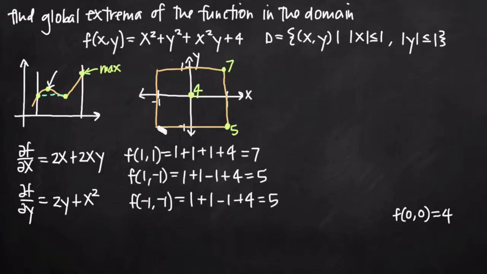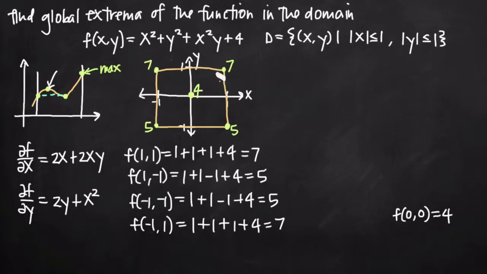So I can indicate that this value here is 5. And my last point, f of negative 1, positive 1, is going to be equal to 1 plus 1 plus 1 plus 4, which is going to be equal to 7. So the value at this corner is equal to 7.